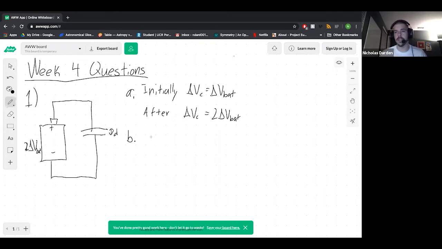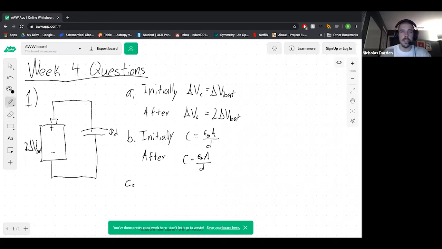That's if we're strictly looking for capacitance. So initially, we have this equation, C is equal to epsilon naught A over D. Since we haven't changed the area and we haven't changed the spacing, nothing is going to change after the fact. So C is still going to be equal to epsilon naught A over D. And that's because capacitance is strictly geometrical.